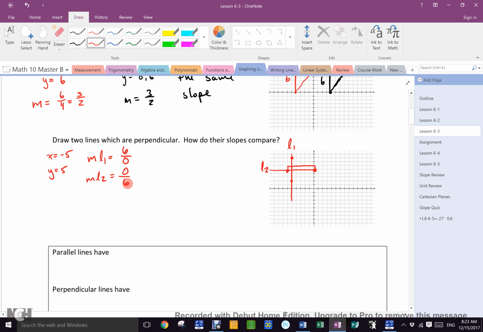Now, all of you right away should be able to see part of what makes slopes perpendicular. What has happened to the two numbers? And we have a math word for that. What is it? They've reciprocated, right? So, point 1, perpendicular lines have reciprocal slopes.